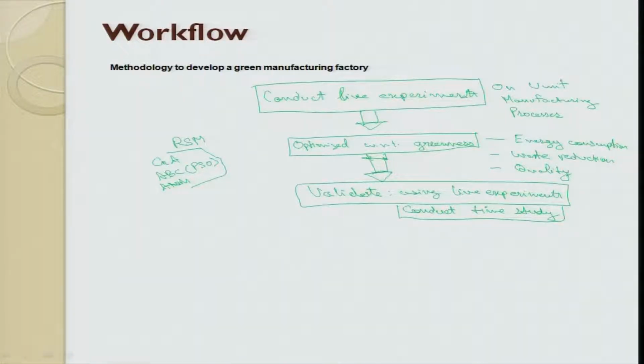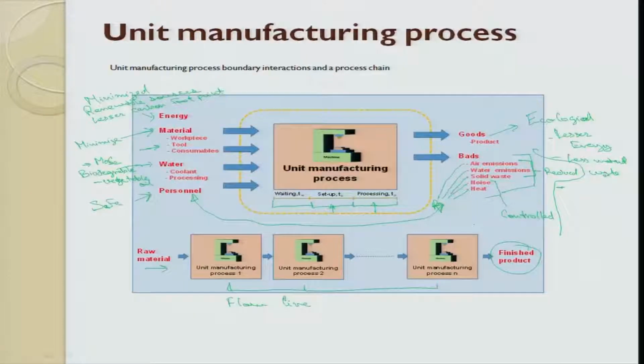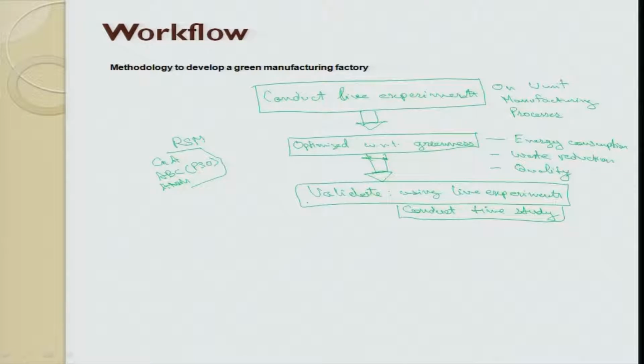Here we conduct a time study, and all these times, waiting time, setup time and processing time, are noted. And we have a number of replications here, maybe because this is sensitivity analysis only, about maybe 4 to 10 replications.